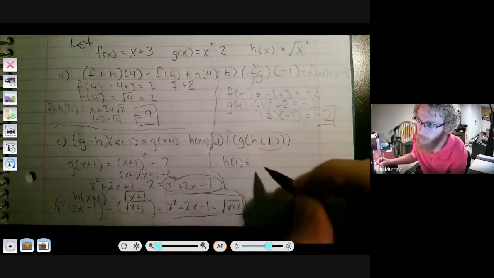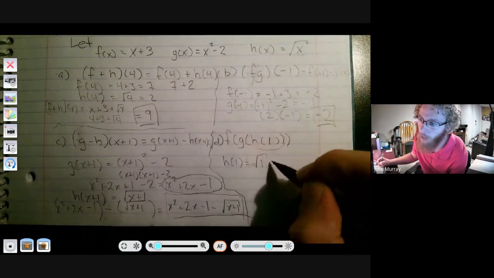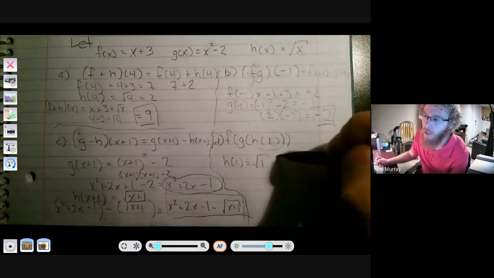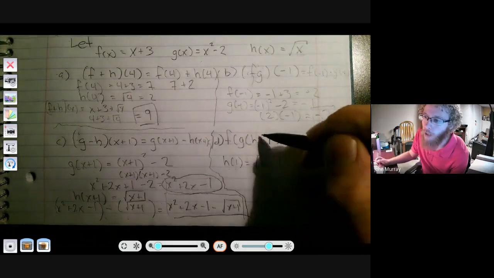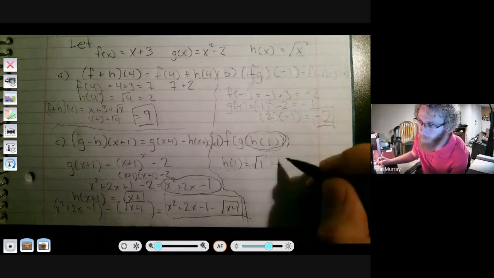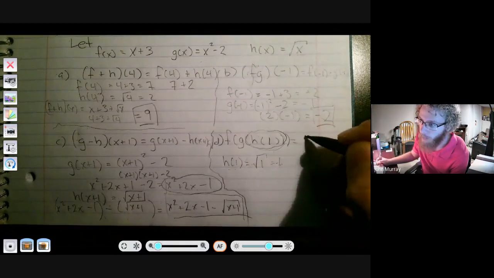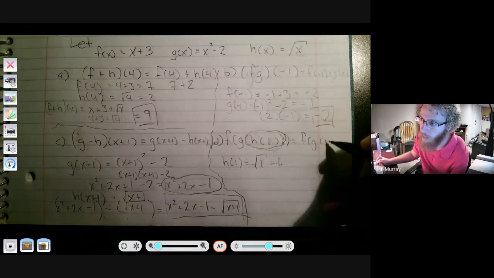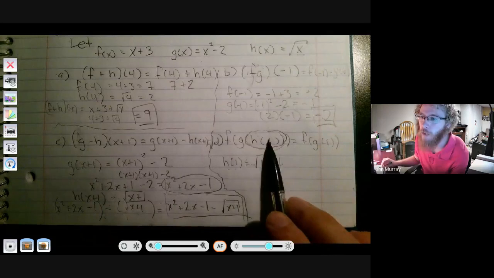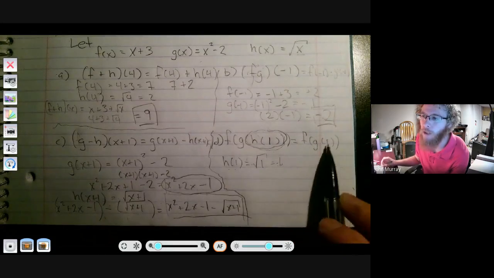If I go to my h function, I plug in 1, the square root of 1. Well, that's 1. So that's pretty simple. So since h of 1 is 1, I'm going to replace this with its answer. So I'm going to rewrite this as f of g of 1. Okay, so all I did here was I replaced h of 1 with its actual value, 1, there.